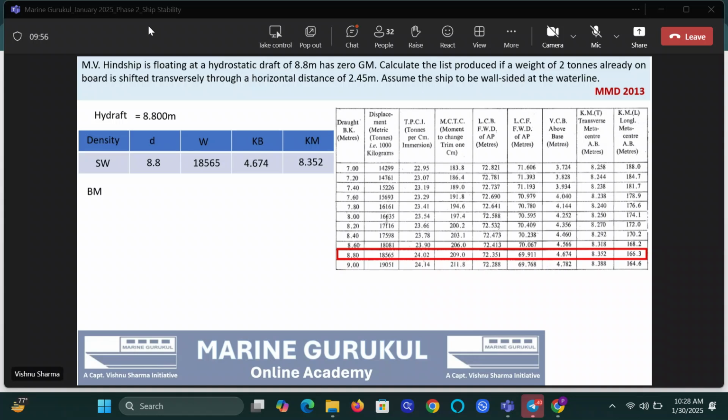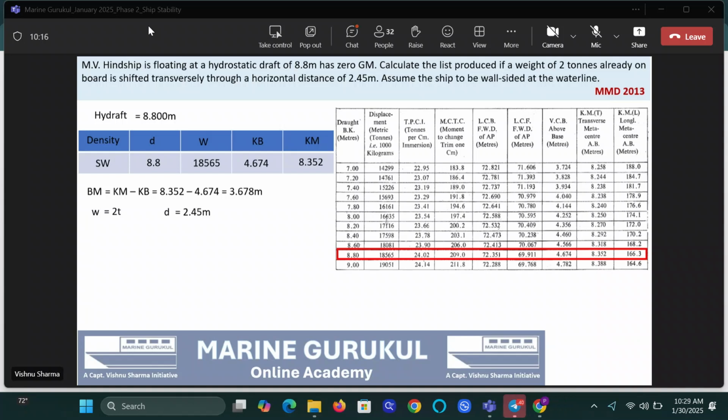Now, BM will be equal to KM minus KB. You all know. Small w is how much in the question, guys? Read the question and tell me. 2 tons. Small d or s, whatever you want to say, how much is that? 2.45. Okay.